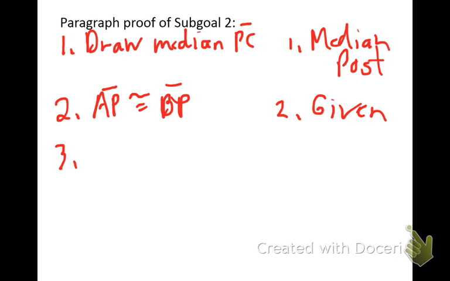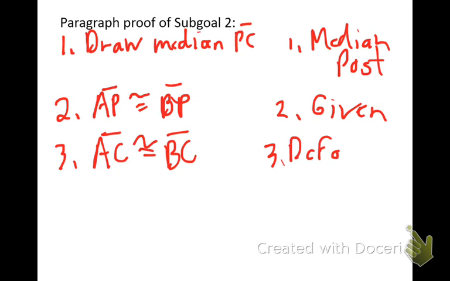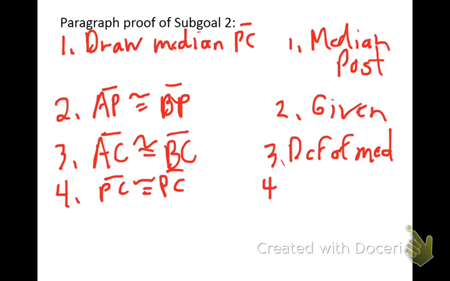AC is congruent to BC. Yes, good. AC is congruent to BC, and that's by definition of median. What else could we say is congruent in that triangle in figure B? Okay, Abby? PC is congruent to PC. Very good. And that's by reflexive property.